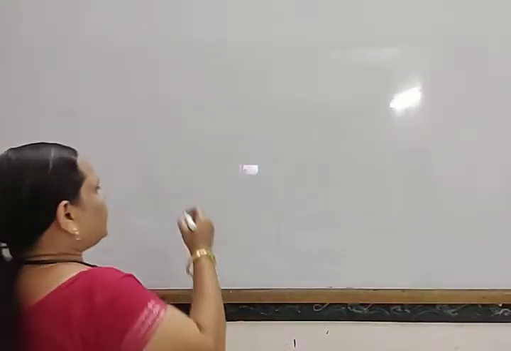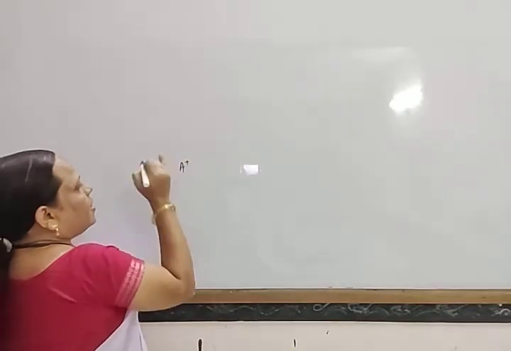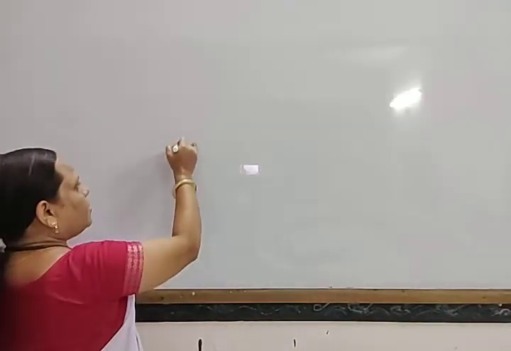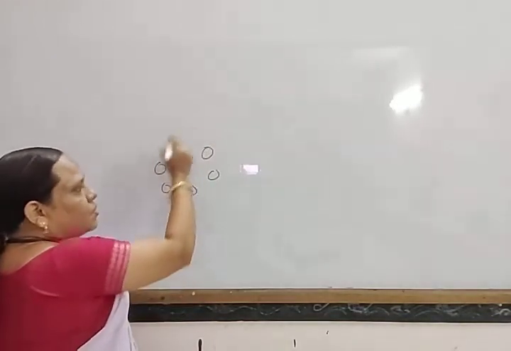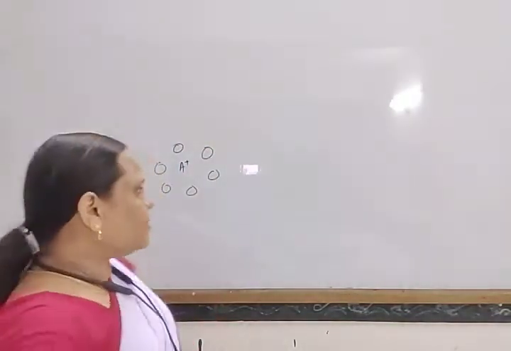Suppose this is an A plus ion, a cation, and this is surrounded by so many anions.